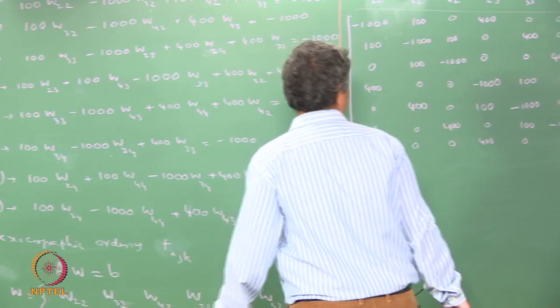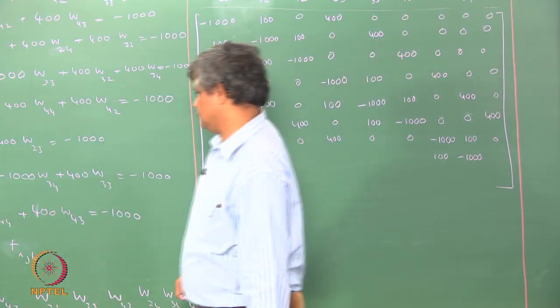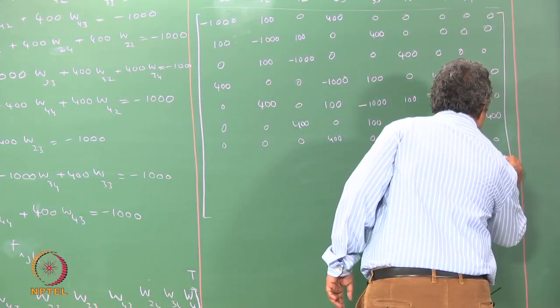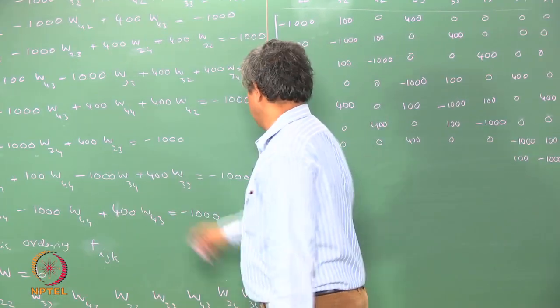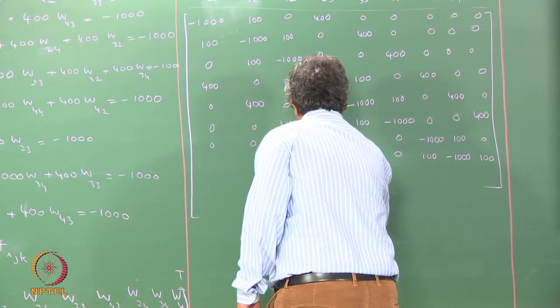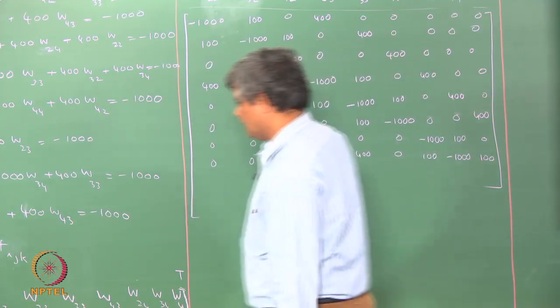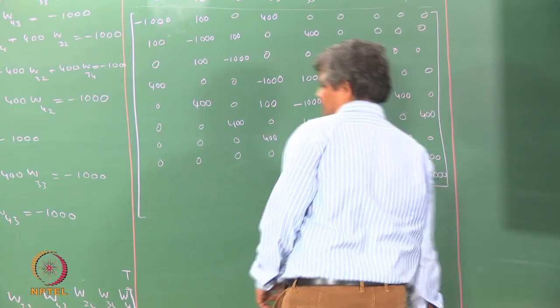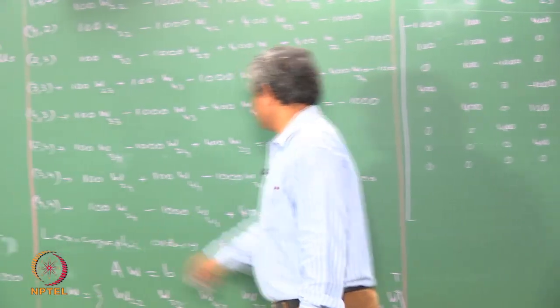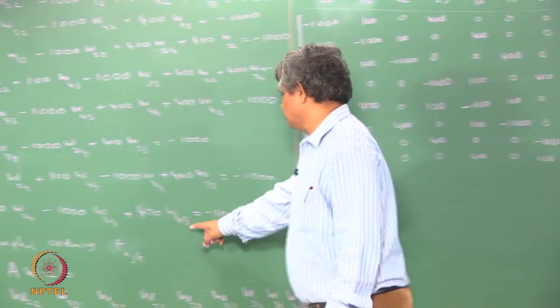We have W24 as 100, W44 as 100, W33 as 400. And then we come to the last equation, which is W44 is minus 1000, W34 is 100, and W43 is 400.